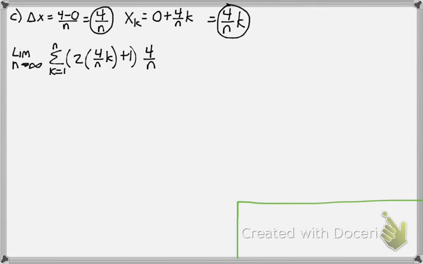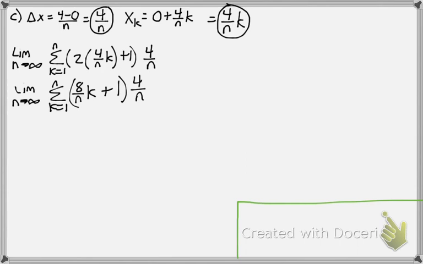I have a lot of work to do with these series, which is why we practiced the series on the previous worksheet. So let's do some simplifying first. The limit, and that's going to be 8 over n k plus 1 times 4 over n.